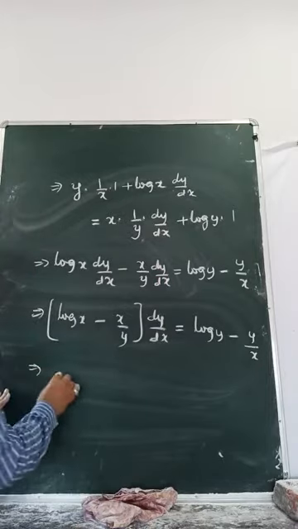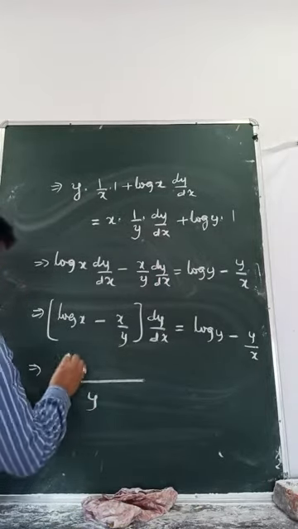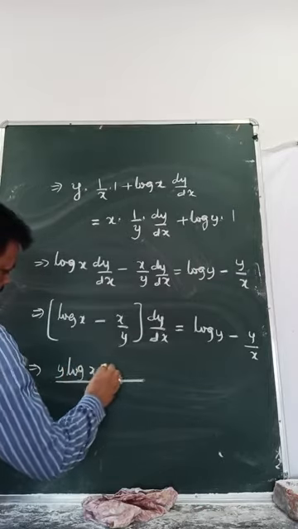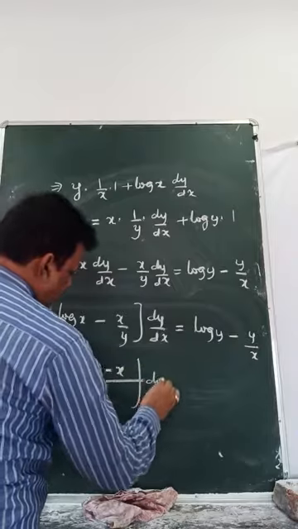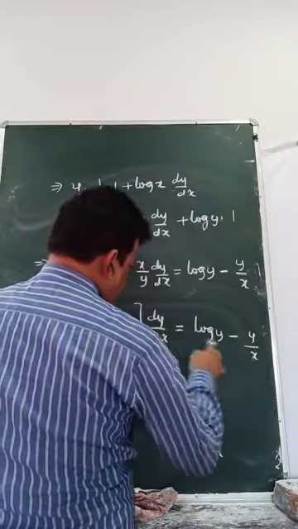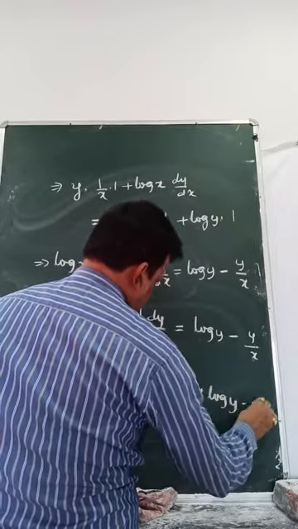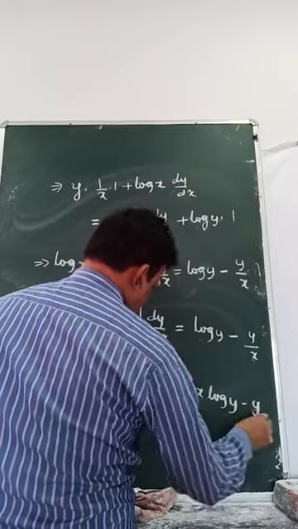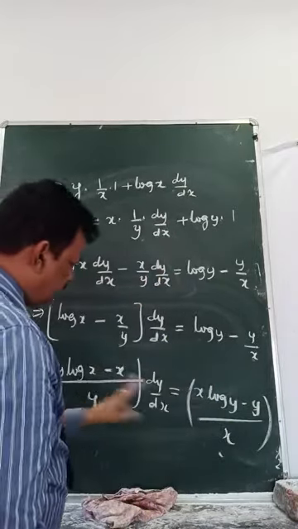You can take one more step if you want to simplify. y is the LCM: y log x minus x dy by dx equals x log y minus y by x. So this y will go here, this will come down.